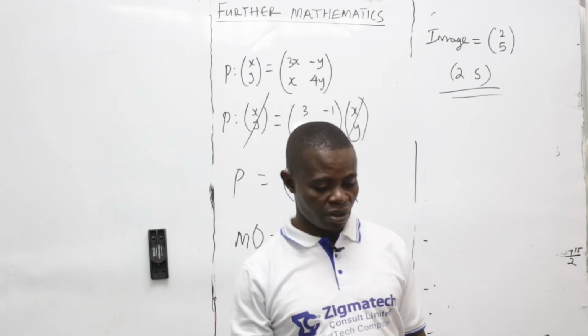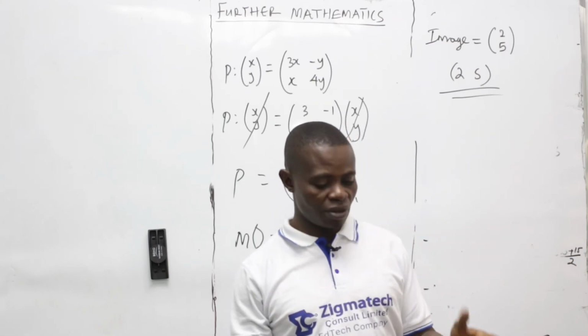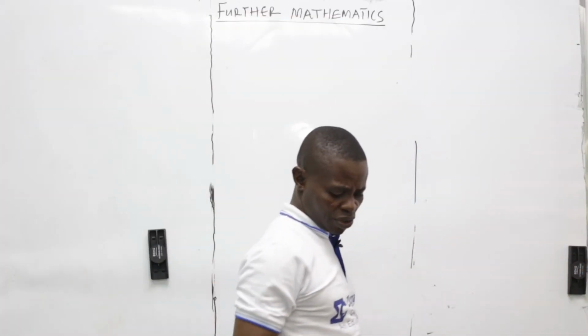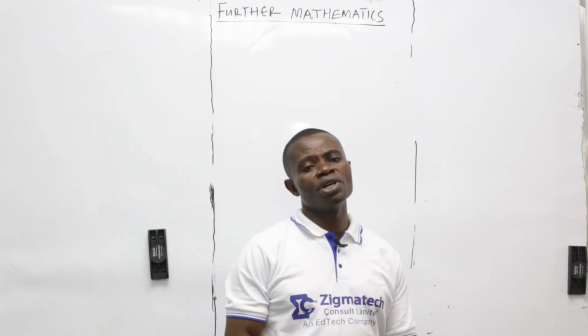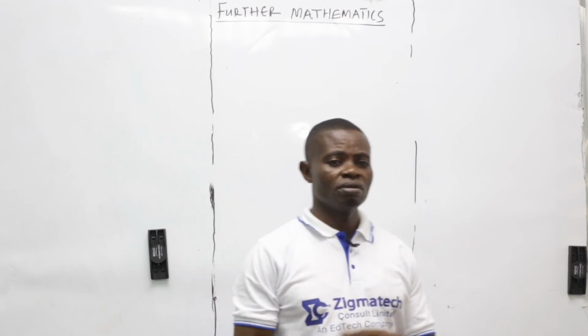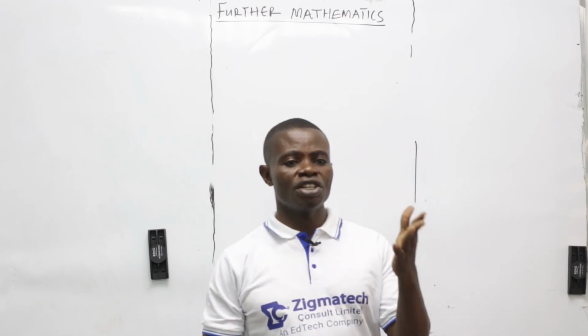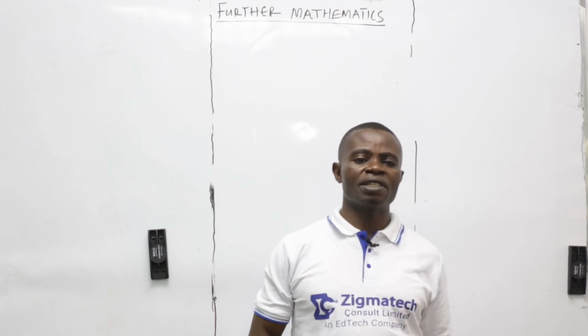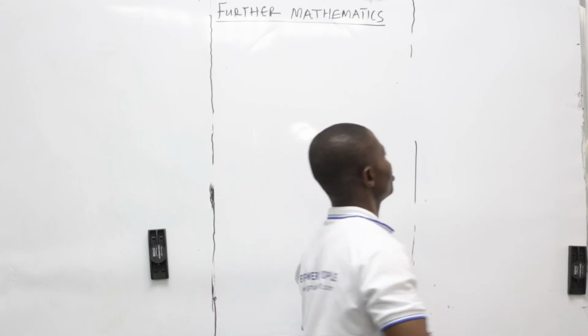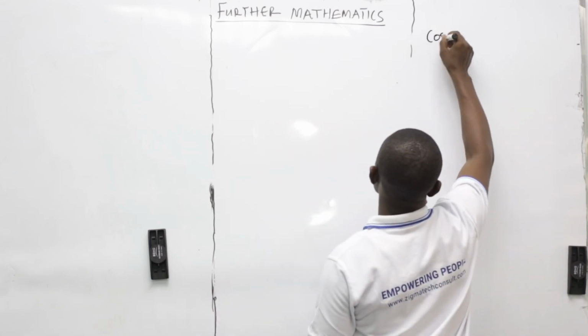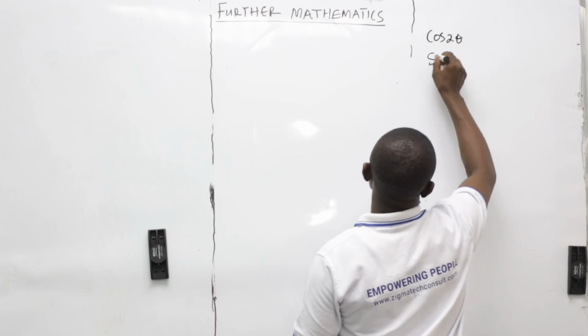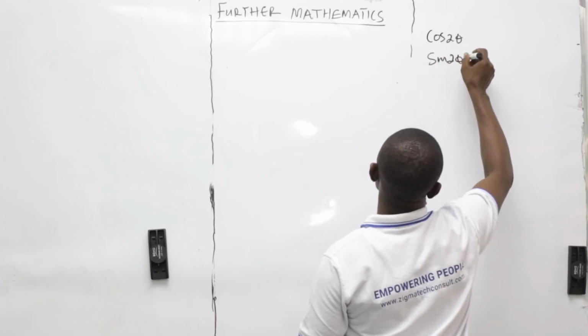Let's quickly think about reflection. The formula for reflection: the image you see when you look into a mirror is yourself reflected in the mirror. So the formula here will have cos 2 theta, sin 2 theta.